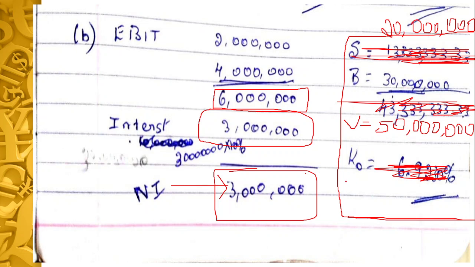So K naught is nothing but EBIT, which stands at 6 million now. 6 million divided by 50 million would come to around 12%.